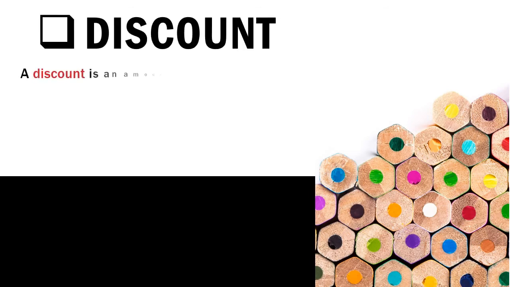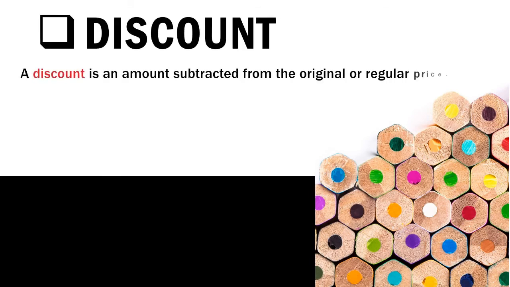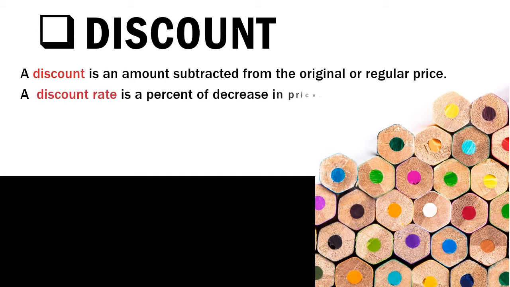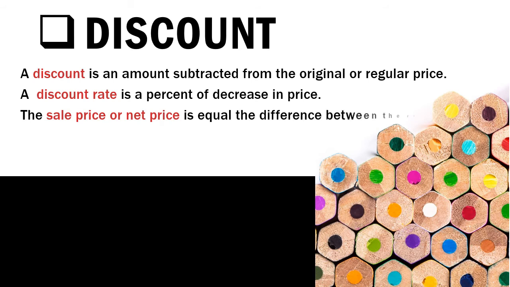Let's move on to discount. A discount is an amount subtracted from the original or regular price. A discount rate is a percent of decrease in price. The sale price or net price is equal to the difference between the regular price and the discount.